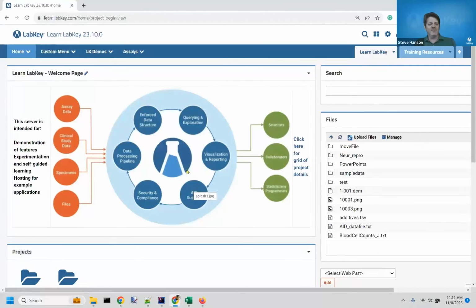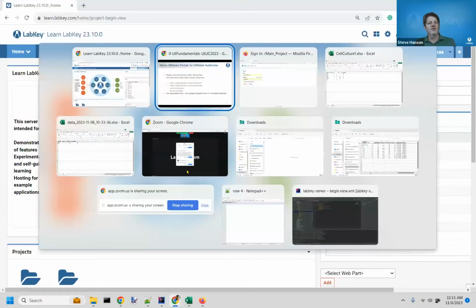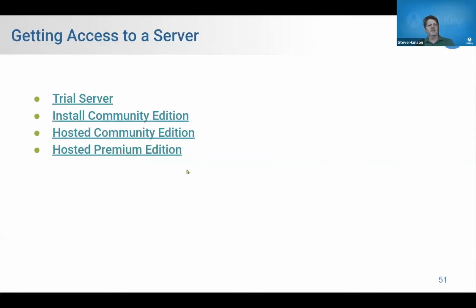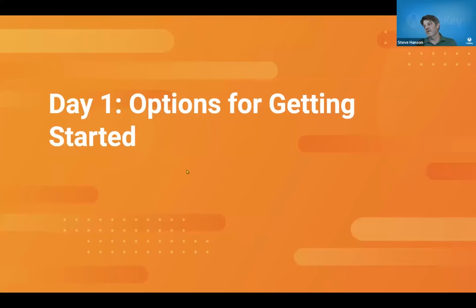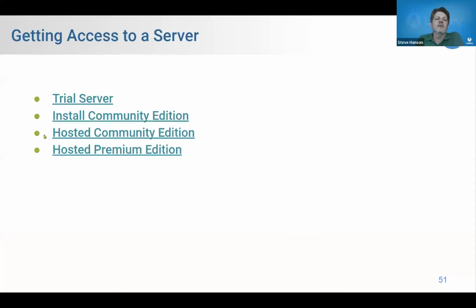Let's skip to the real final slide, which is options for getting started. You've learned a lot today, but now what can you do to keep going? One great resource is to get a trial server.